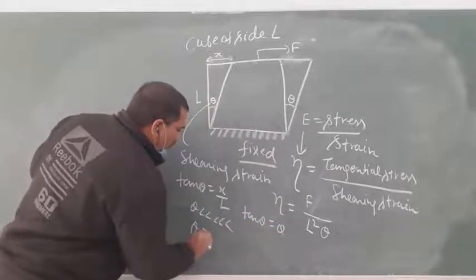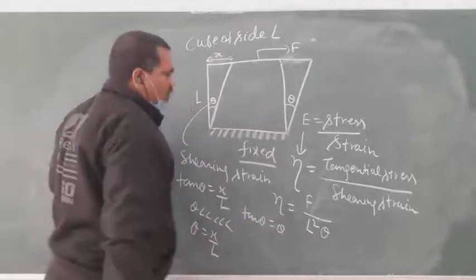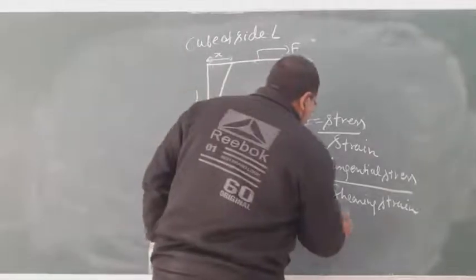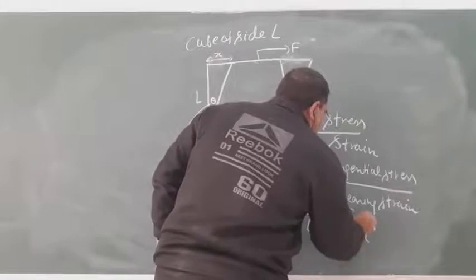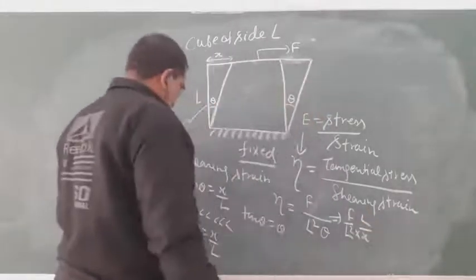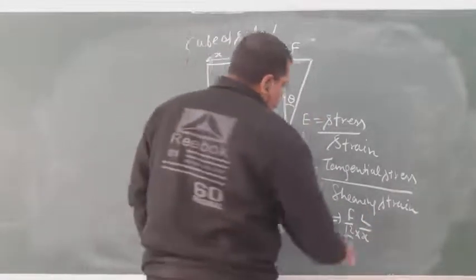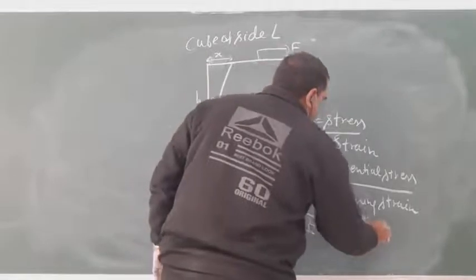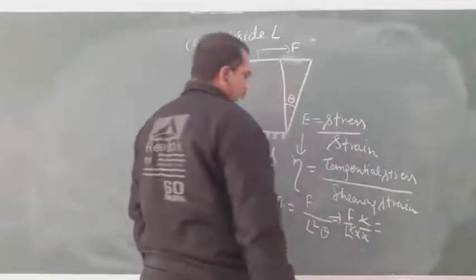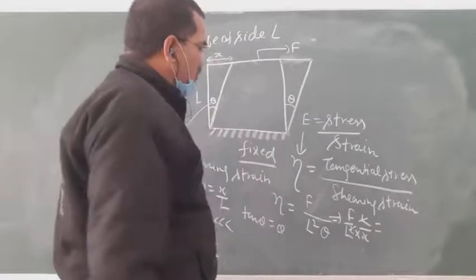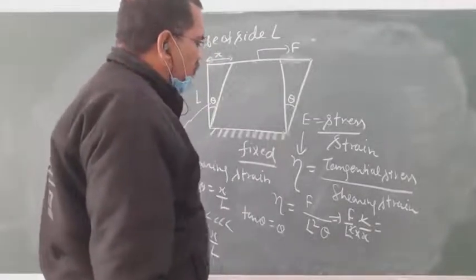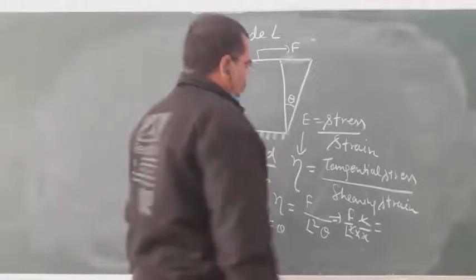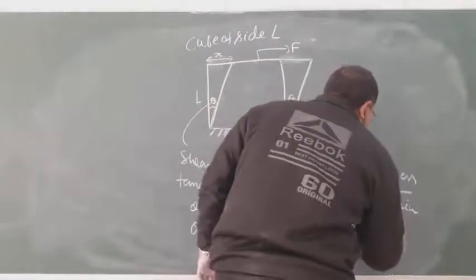So theta equals x by L. Put this value here: F upon L square, x by L. One L cancels out, so eta equals F by xL.